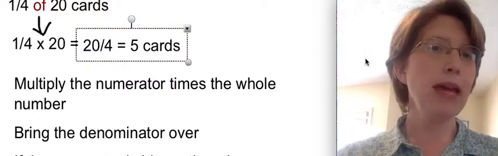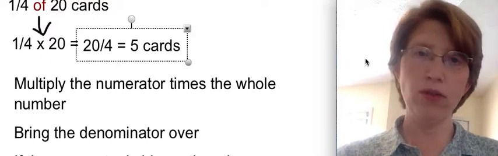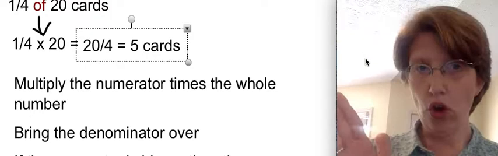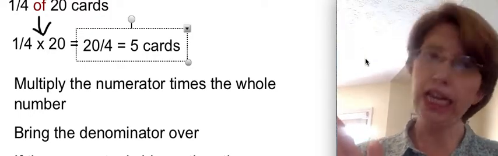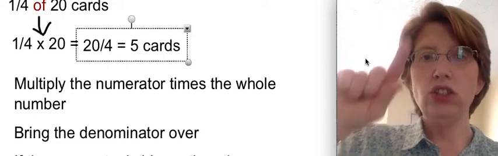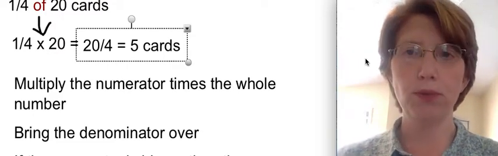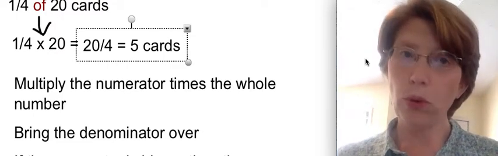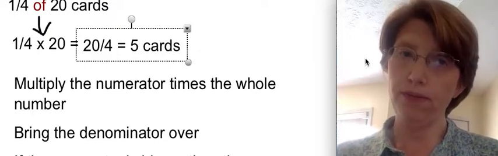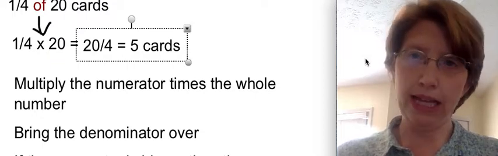Same thing we did last week, right? Is it starting to sound familiar? Multiply numerator times the whole number, slide over that denominator without changing it, and then if the top is bigger, divide and change into a whole number or a mixed number. Simple, right? Same thing, we're just introducing the concept of the word "of." That's the only thing that's different.